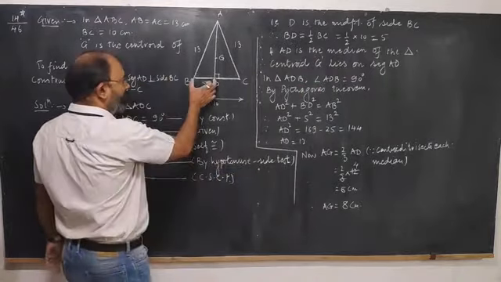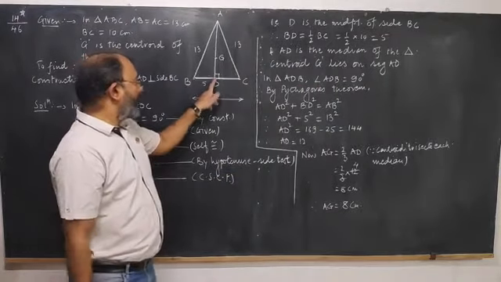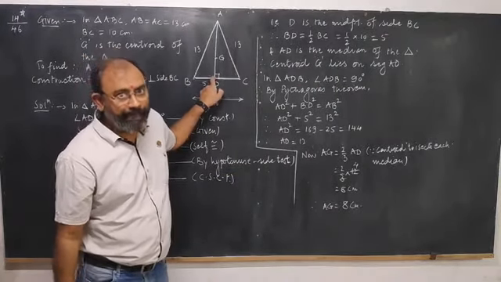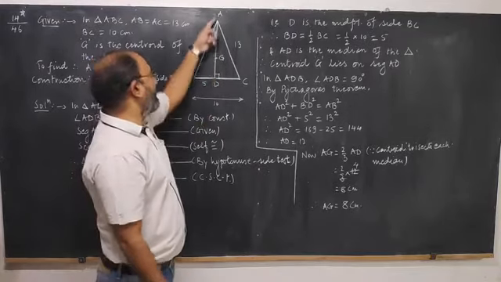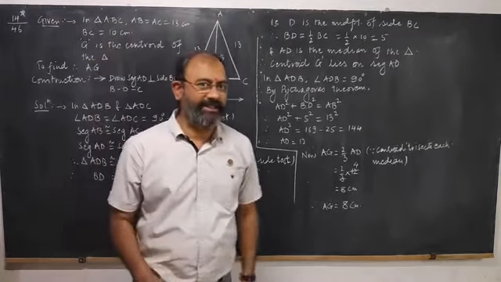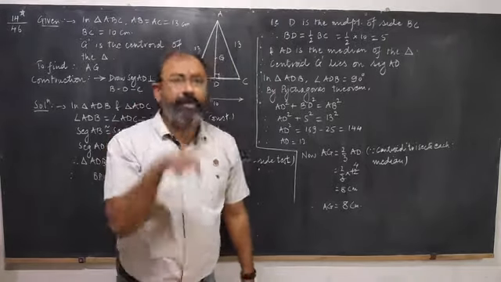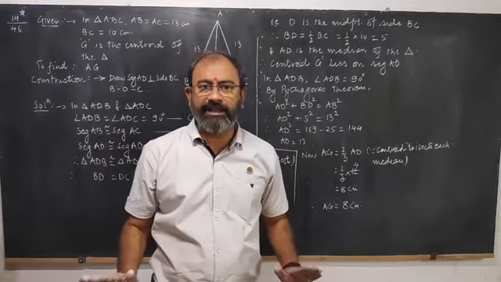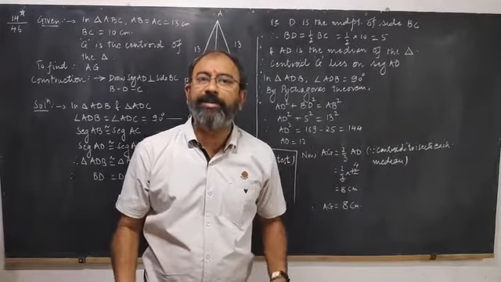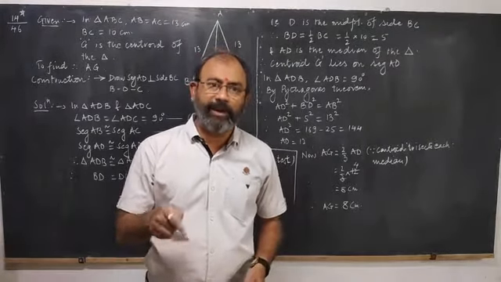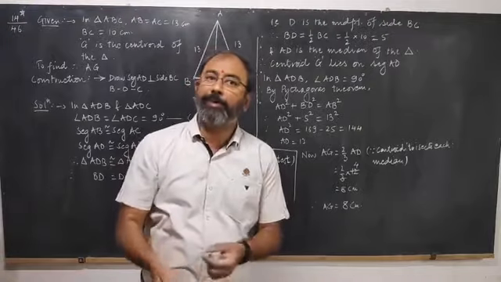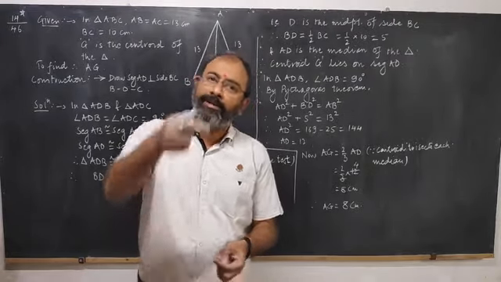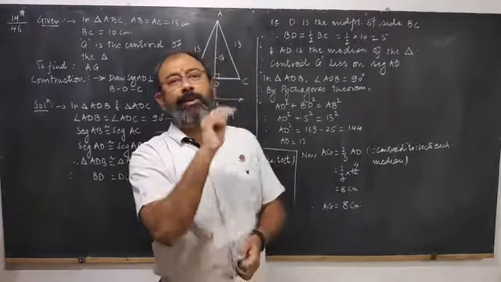So this becomes 5. Moreover, by proving that D is the midpoint, you get AD as the median. When we drew the perpendicular segment, at that time we did not say that it is the median, but now geometrically we have proven that D is the midpoint. Therefore AD, which was earlier the perpendicular, is now the median also.